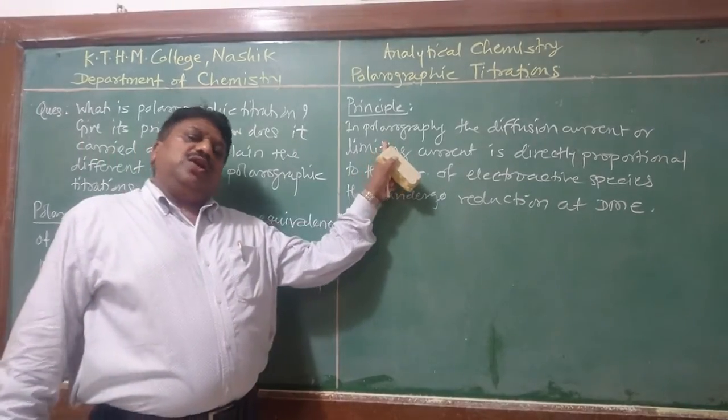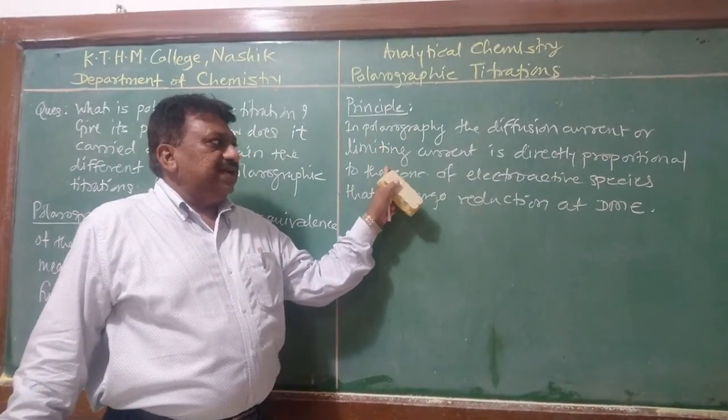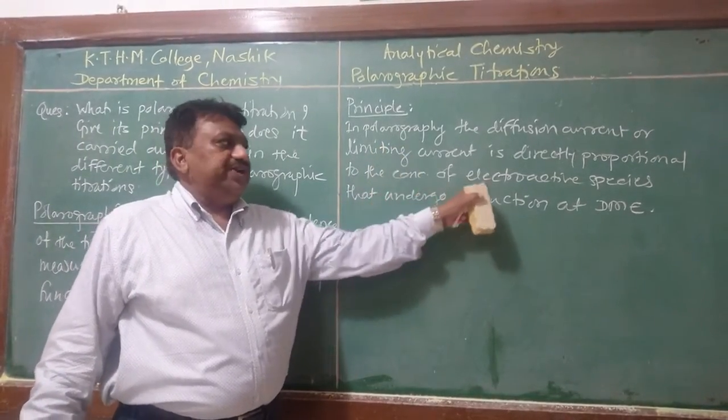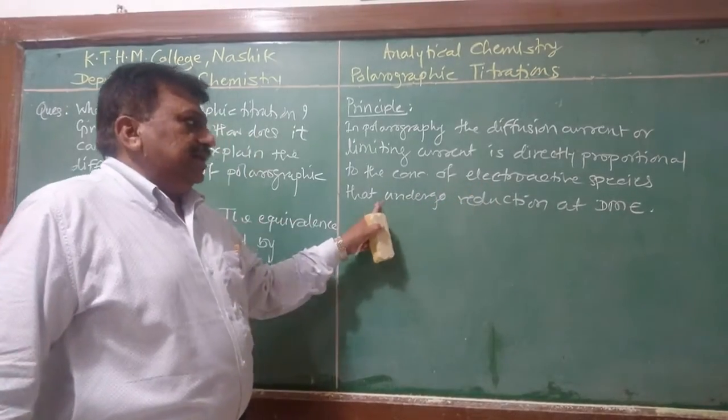Therefore, diffusion current or limiting current in polarography is directly proportional to the concentration of electroactive species that undergo reduction at the dropping mercury electrode.